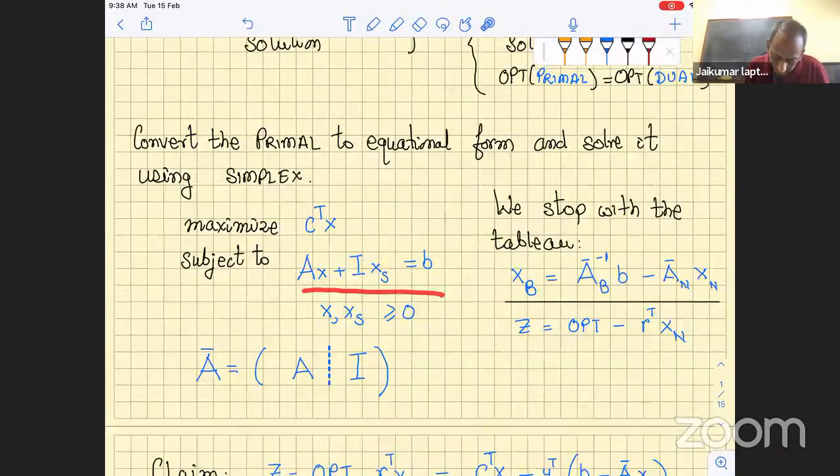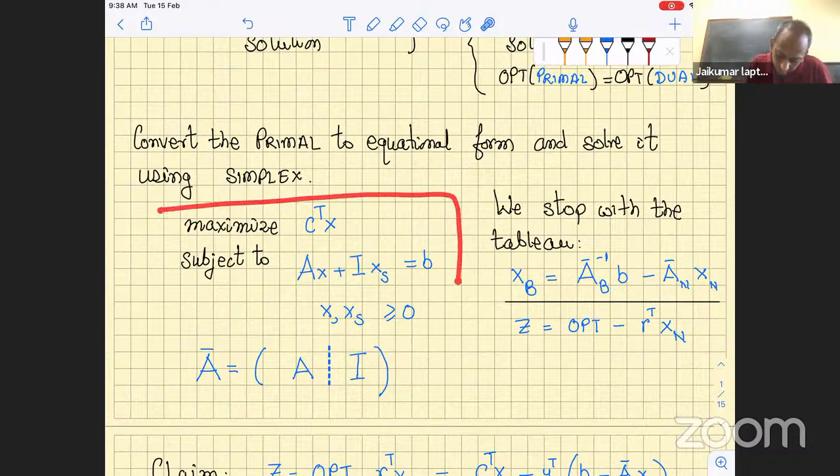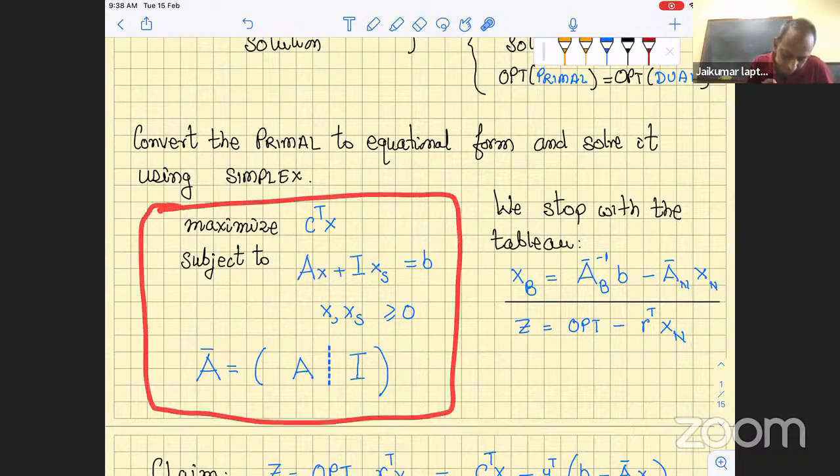We would set the slack variables also to be at least 0. In matrix terms, what we have done is extend the original matrix A with an identity matrix. All this you are familiar with. Now we are free to run the simplex method on this LP.